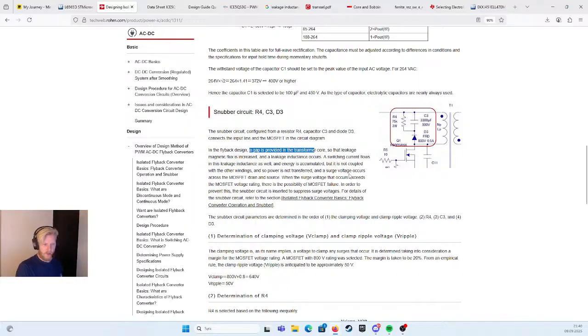And so power is not transferred, and a surge voltage occurs across the MOSFET drain and source. When the surge voltage exceeds the MOSFET voltage rating, there is the possibility of MOSFET failure. In order to prevent this, the snubber circuit is inserted to suppress surge voltages. For details, see the snubber circuits.